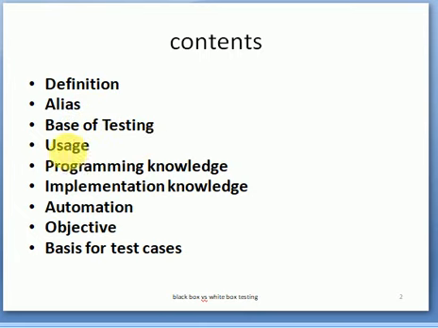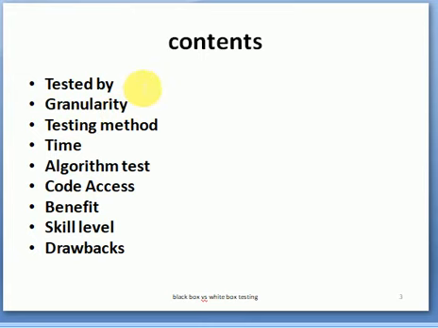Base of testing: usage, programming knowledge, implementation knowledge, automation. Objective: basis for test cases. Then tested by: granularity, testing method, time, algorithm test, code access, benefit, skill level, and in last we will see the drawbacks.